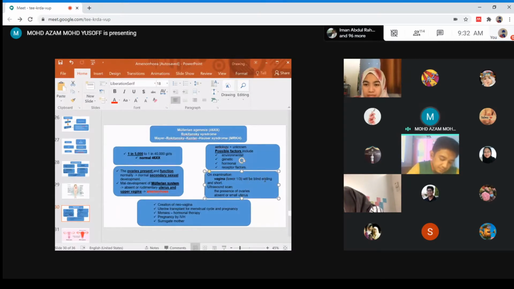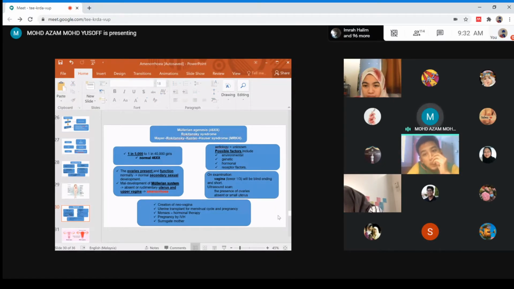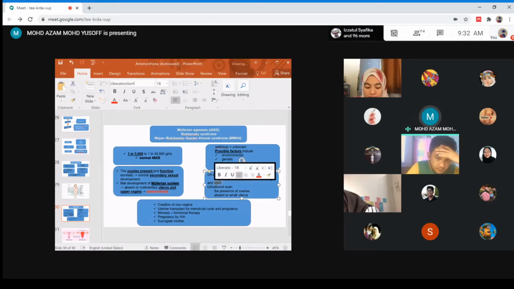So it is a blind end because the above part, the Mullerian system, is not developed. They are short.